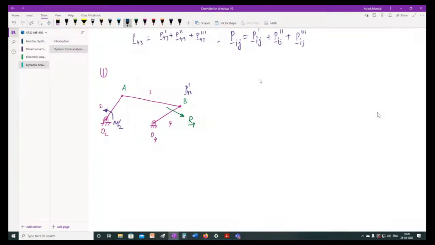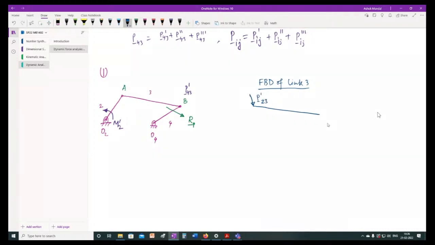So, okay, let's first draw the free body diagram of link 3. When you draw the free body diagram of link 3, there must be a force which is acting here, which we will call P23, okay, 1.